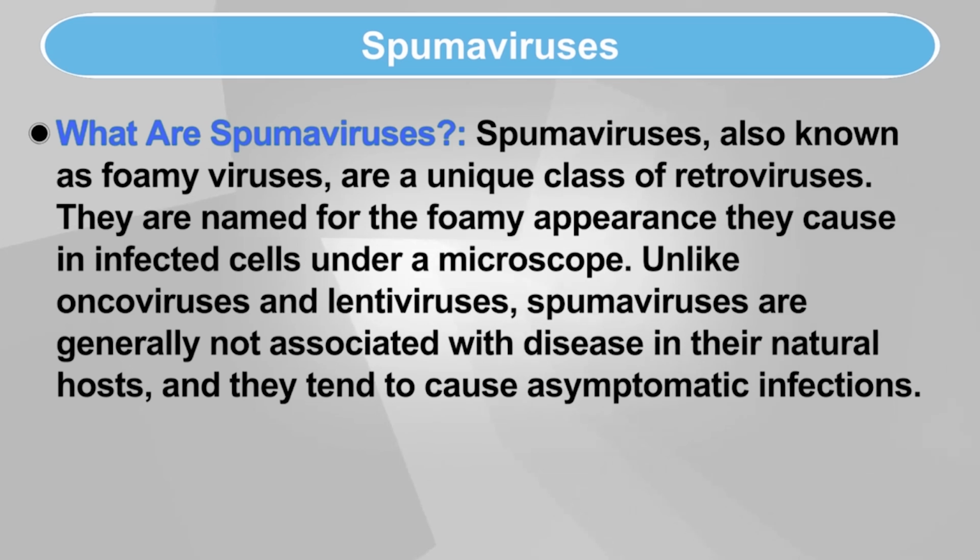They are named after the foamy appearance that they cause during infection. Unlike oncoviruses and lentiviruses, spuma viruses are generally not associated with disease in their natural hosts and they tend to cause asymptomatic infections.